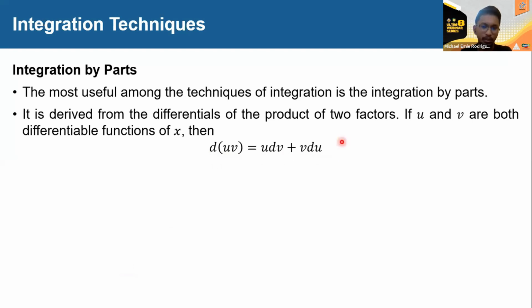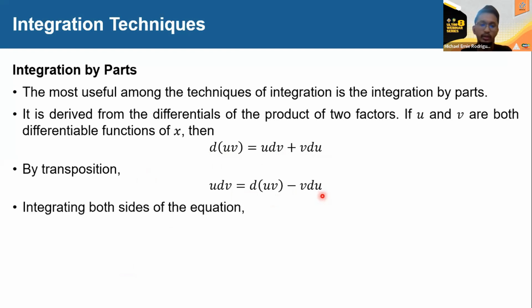And then, okay, by transposition, we now have u dv is equal to derivative of uv minus v du. And then, we apply integral to both sides of this equation. Okay, we integrate. So we now have the integral of u dv, that is equal to, okay, integral of the derivative of uv.